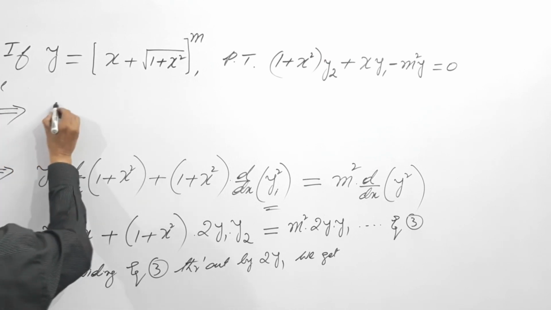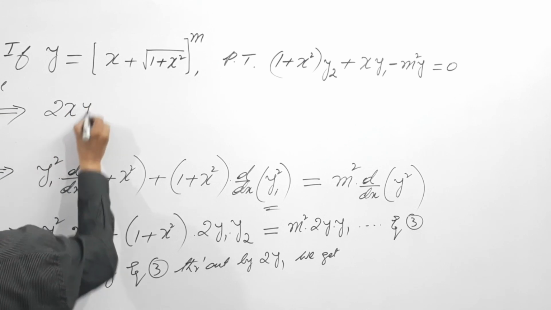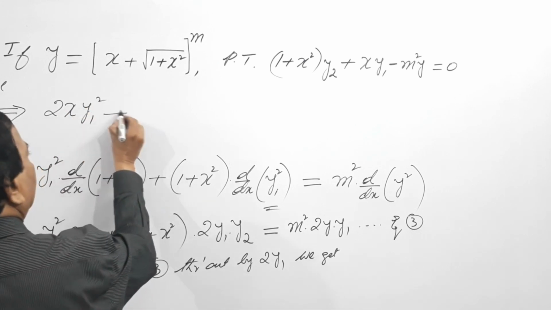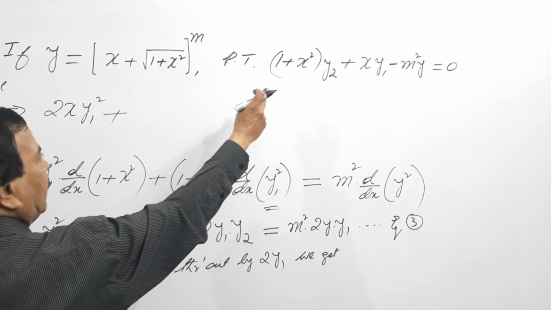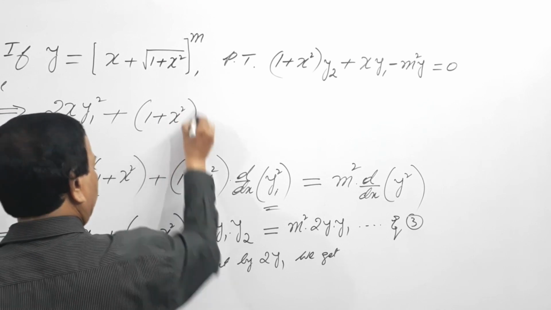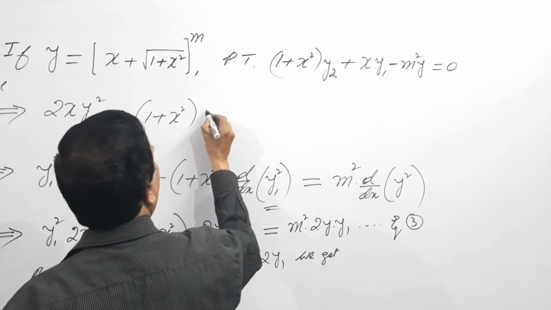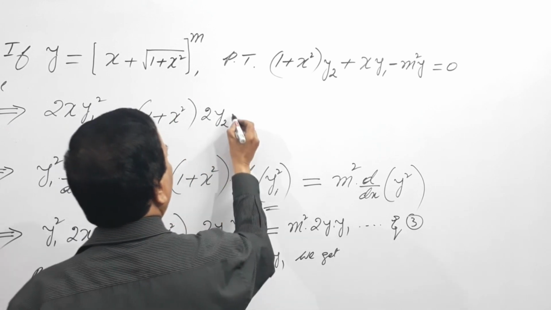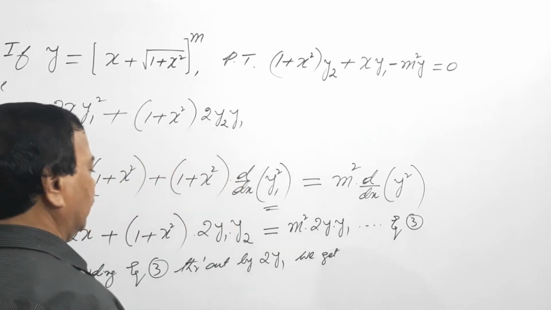For their benefit, that is 2x y1 squared. I am rearranging it, plus he wants 1 plus x squared, so it is the same form. This is 1 plus x squared, that is 2 y2 into y1.